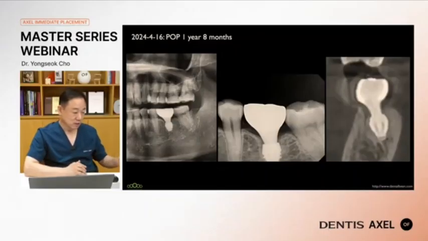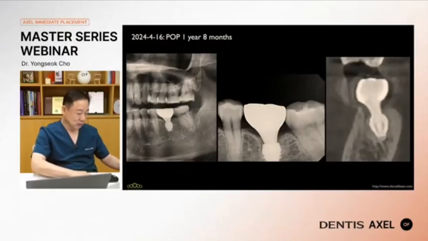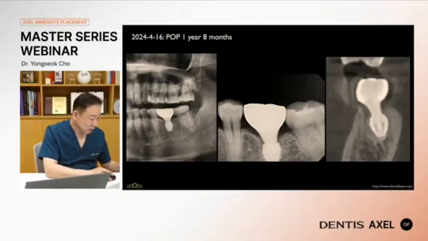And here are several questions from Koreans and foreigners. One dentist asked me: he couldn't get primary stability in an early implant case. Maybe it is difficult to get primary stability in the early situation.